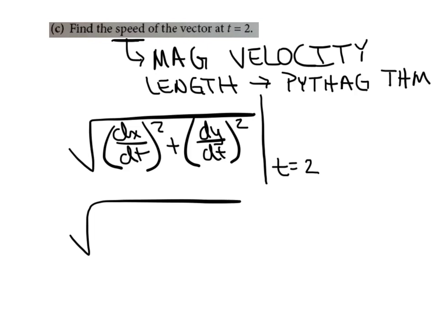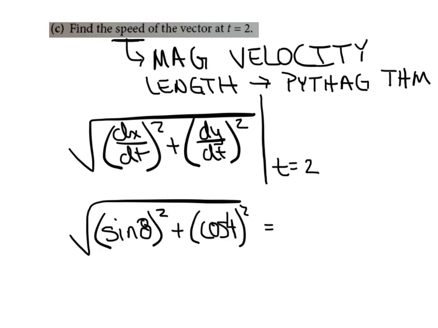So we've got the sine of 8 squared, and then the cosine of 4 squared, and that turns out to be 1.186, and that's a real nice straightforward one to throw in your calculator. The biggest news is recognizing what speed is implying and getting this beautiful formula memorized. Recall that this formula is the same thing as the total distance traveled or arc length, just without the integral in front of it anymore.